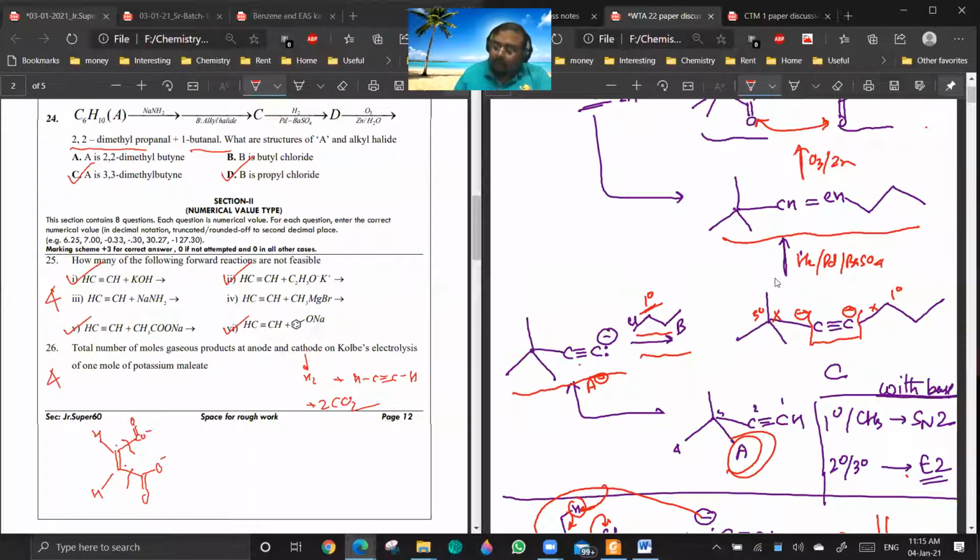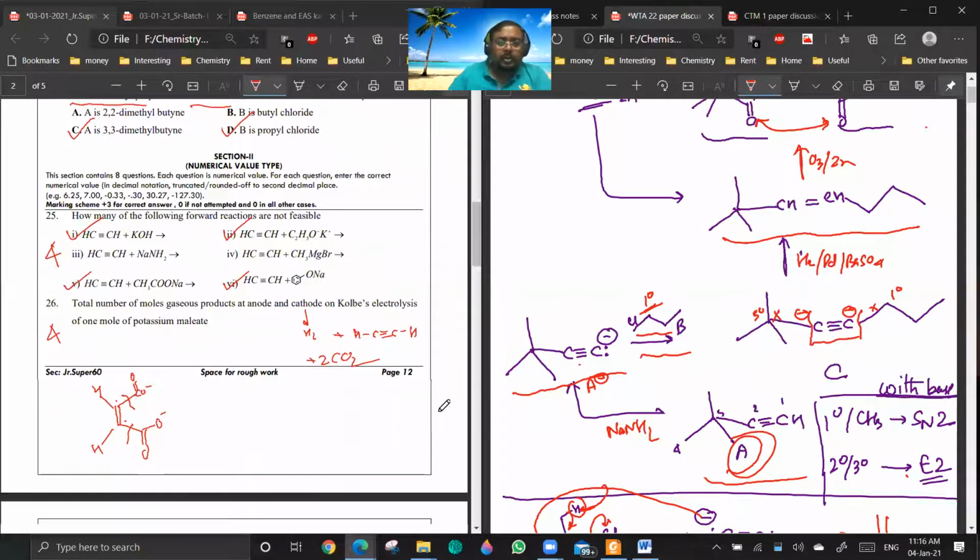So the reaction will give us the substitution product. This can be formed from NaNH2 by reacting with this. Is it clear? Okay. 26 is a doubt?